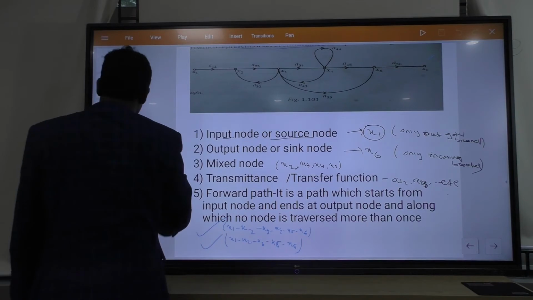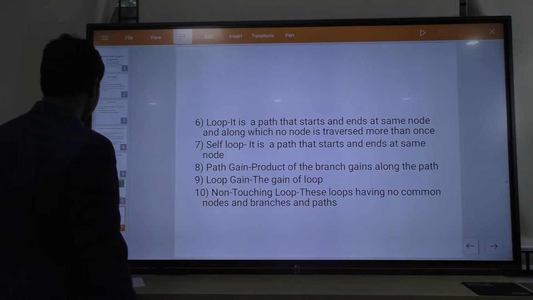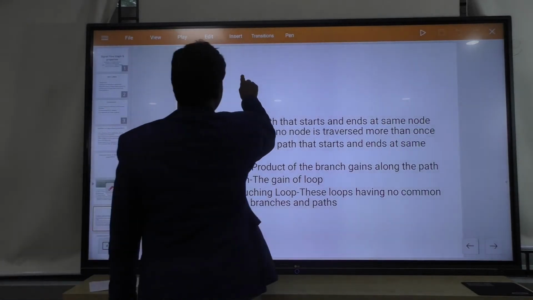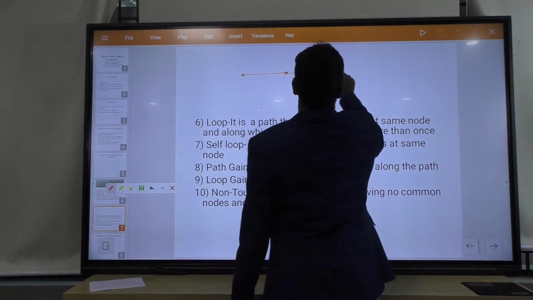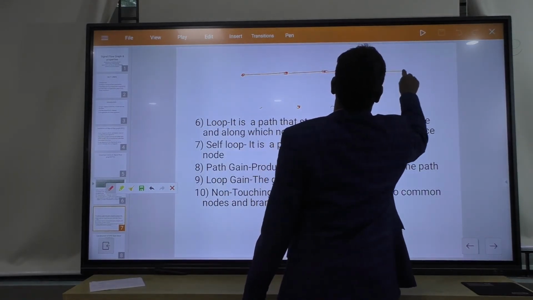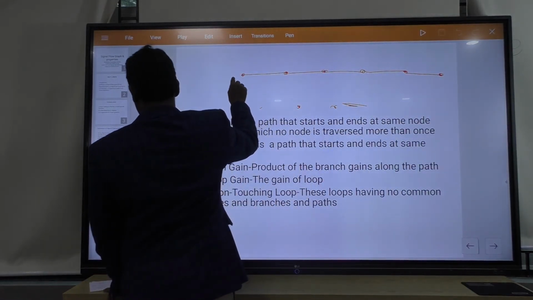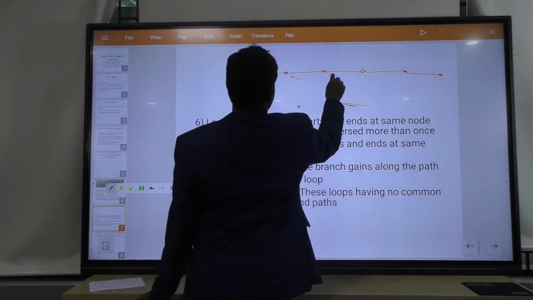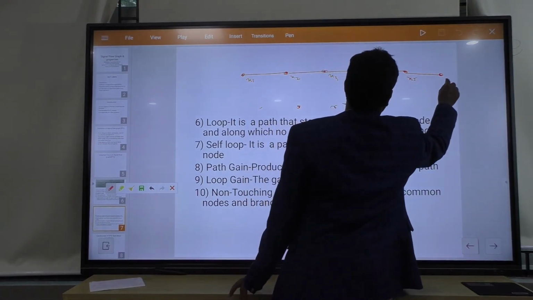Now you see the next one: loop. If I draw the picture here, you see, how many nodes are here? Six: x1, x2, x3, x4, x5, x6.